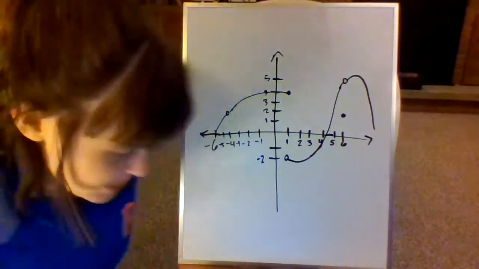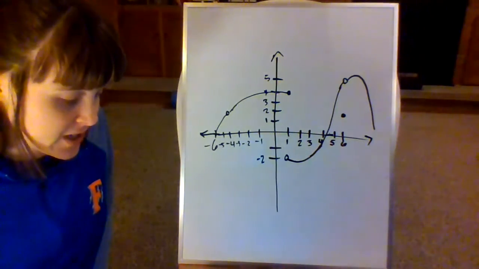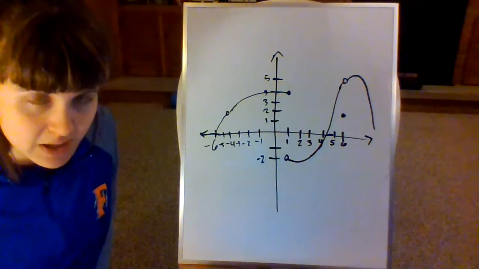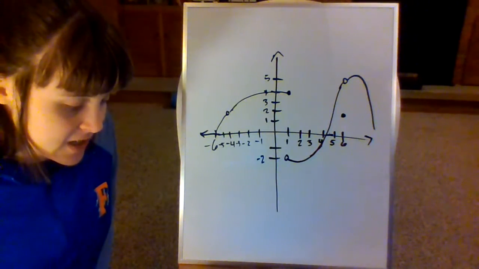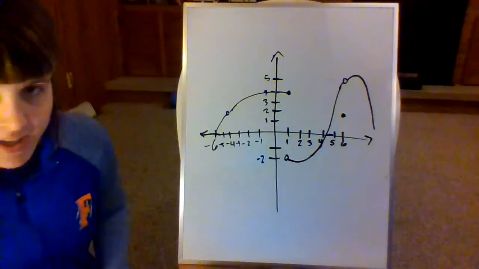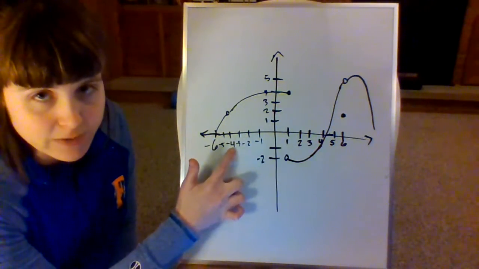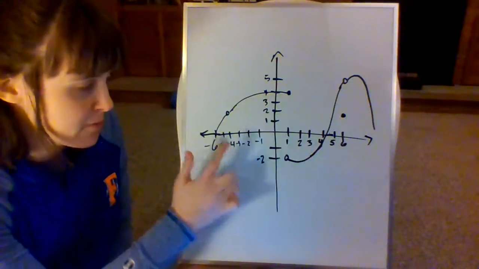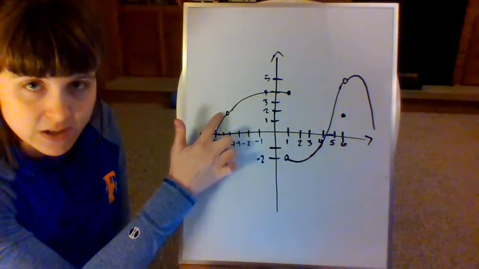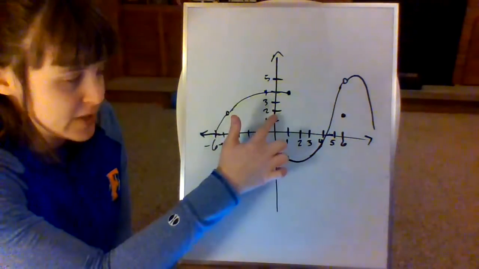So, this is our picture, and the first question says, find the limit of f of x, so that means find the limit of the function, as x approaches negative 4. Okay, so here is negative 4. As x approaches negative 4 from the left, it's going to this point, which its y value is 2.